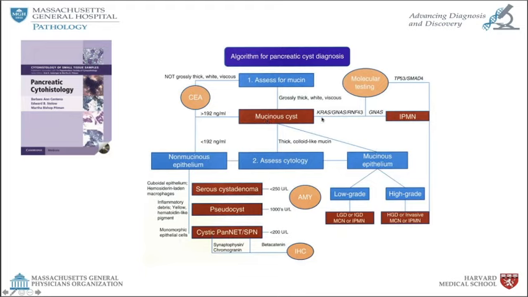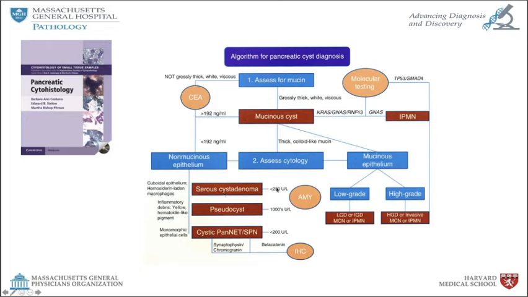And then you can also add in your molecular testing, KRAS, to a serous cystadenoma.